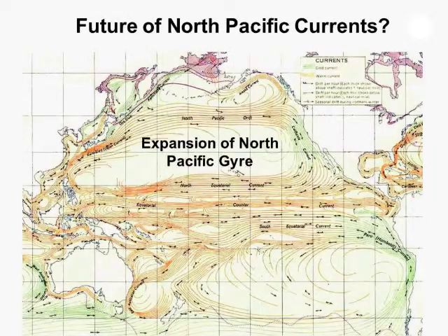I mentioned earlier this focus on upwelling, but upwelling is also related to the currents, which Bill discussed and went over carefully, and related to the Pacific Decadal Oscillation. One of the things that has been found by colleagues in Hawaii is that there's been an expansion of the oligotrophic waters, these low productivity waters of the North Pacific Gyre.